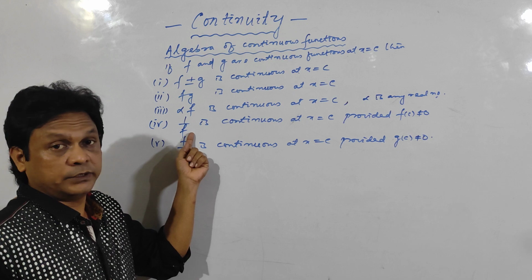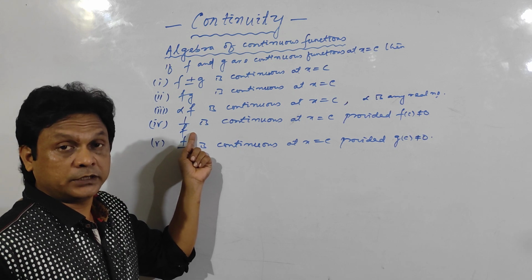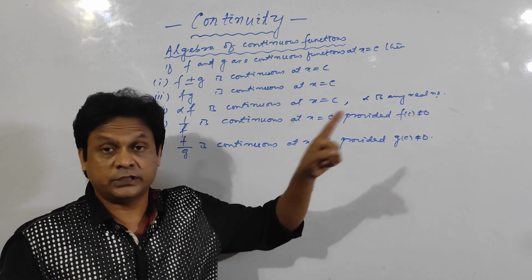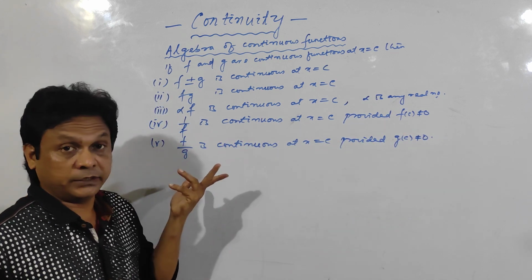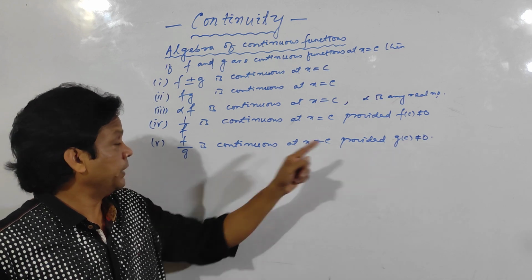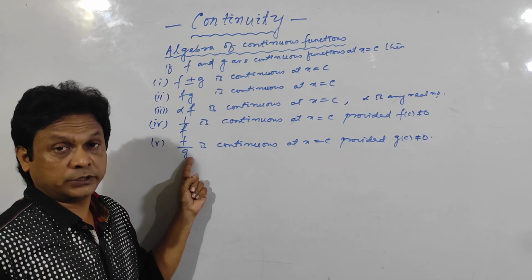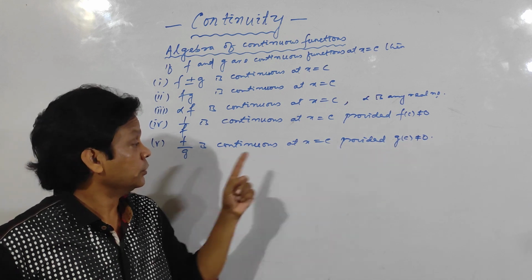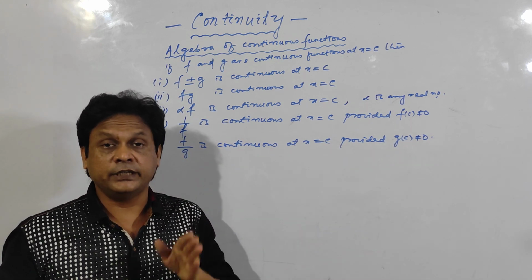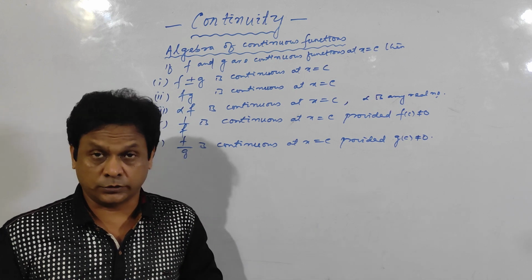1 by f is continuous provided f should be unequal to 0 at x is equal to c. That means f of c is unequal to 0. Otherwise 1 by f will be undefined. Okay. So f by g is continuous at x is equal to c provided g of c must be unequal to 0. So p by q, already it is known to you, p by q is defined if the condition is that q must be unequal to 0.